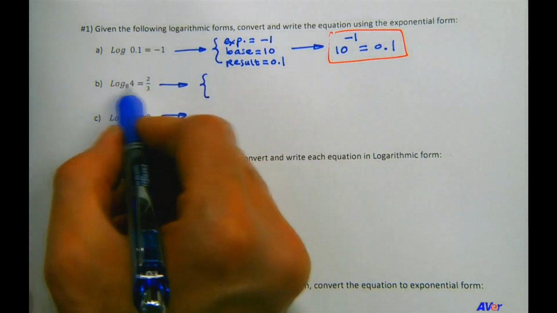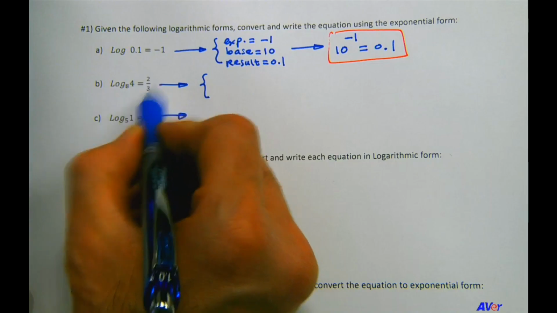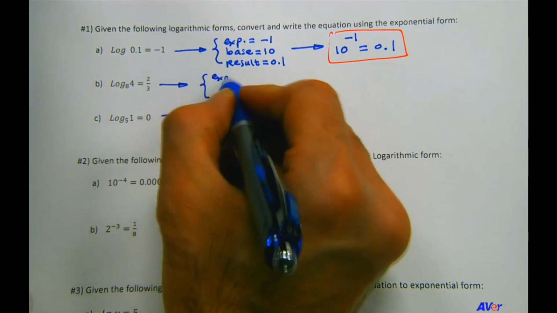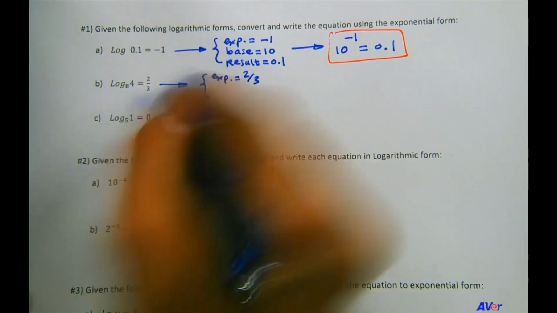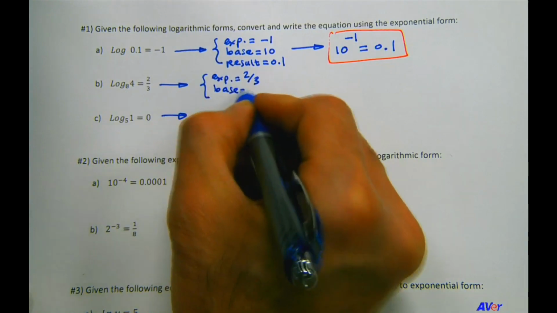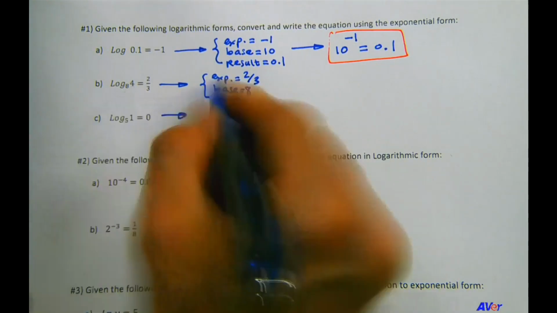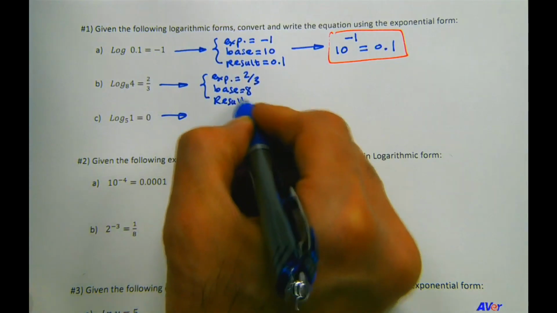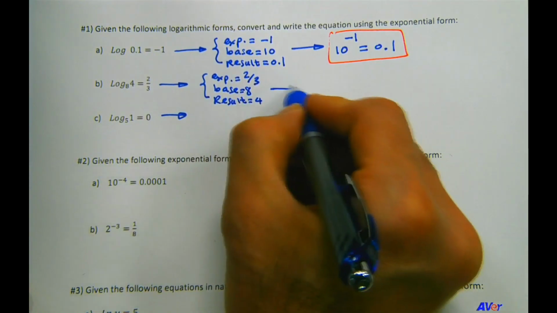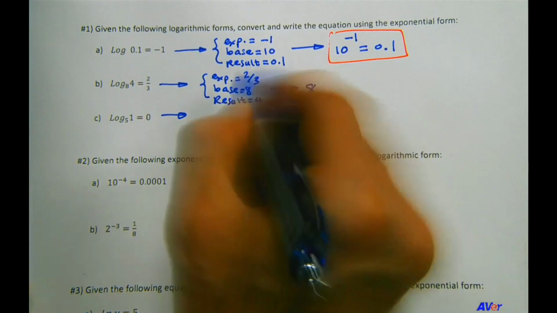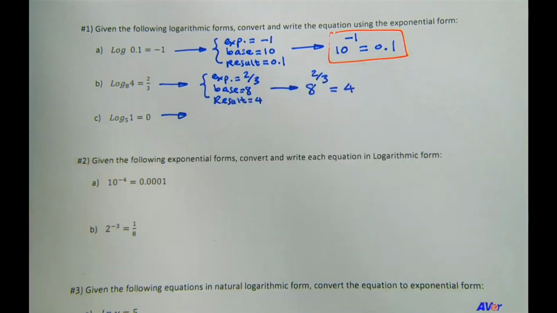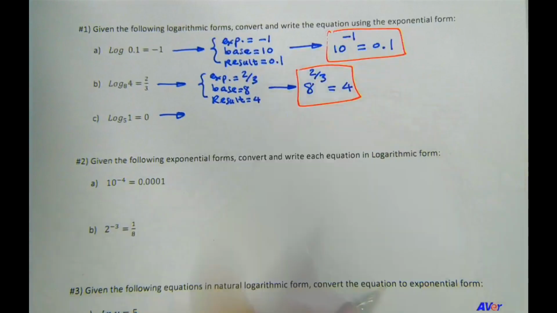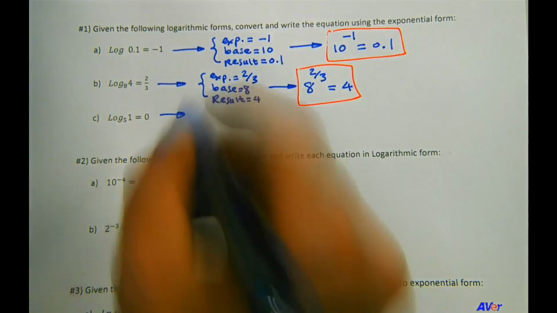So we know that log functions generate an exponent. So this 2/3 is an exponent. We see that the base of the log function is 8. And we can see that the result is 4. Okay, so put them together. Base is 8, exponent is 2/3, equals this result 4. Okay, that is that. I hope this agrees with the answer you wrote down on your own paper.